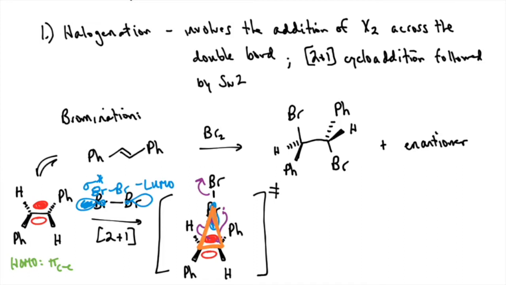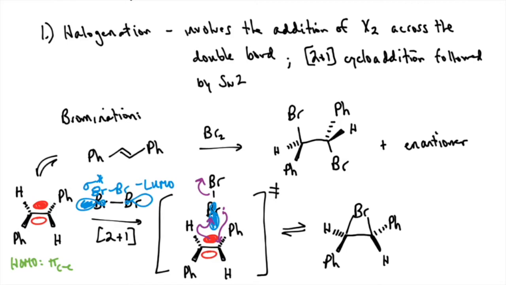If we draw the net result of that set of arrows, we get an intermediate that is known as the bromonium ion. All the stereochemical information that we had at the beginning will be propagated through to this intermediate.